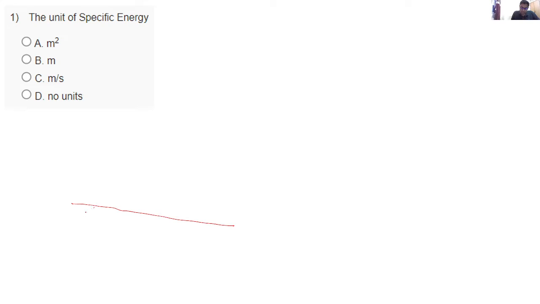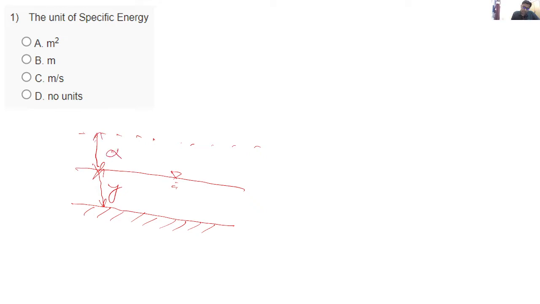Let us suppose I'm drawing a channel bed. So this is the channel bed. This is the free surface level or the water level. If we take the channel bed as a datum, then we will get, number one, y, that is the head due to the standing water, and the velocity head.